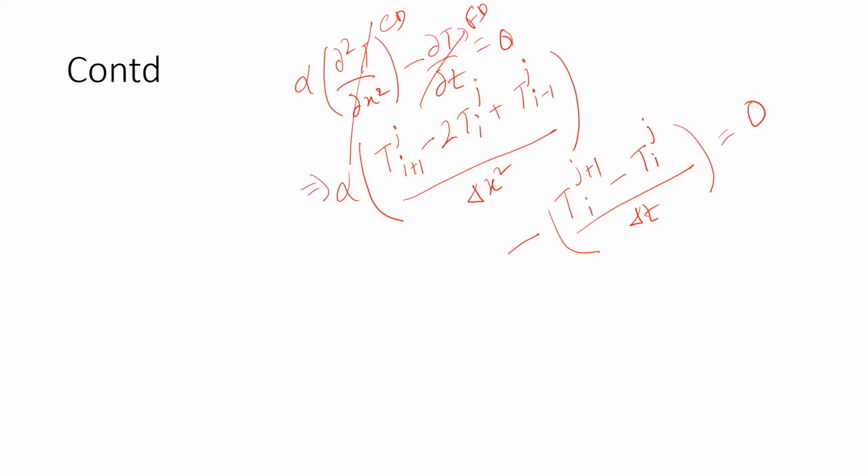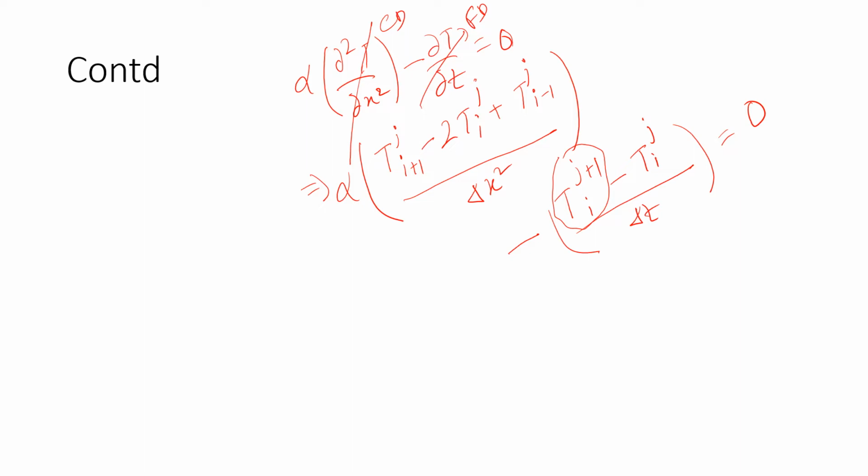Now, as we know that our main objective is to know what is the temperature at the node i after j plus 1 time. So what we'll do is we'll keep this part on the left hand side and take all other terms to the right hand side.